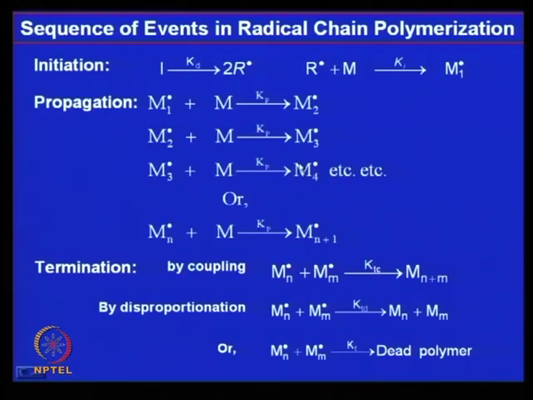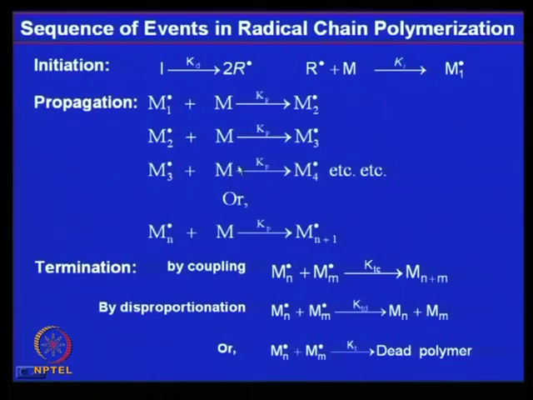Now, I was talking of their stability. The stability of this free radical is maintained by forming resonating structures through hyperconjugation. So, they are reasonably stable for the attack of another monomer molecule.